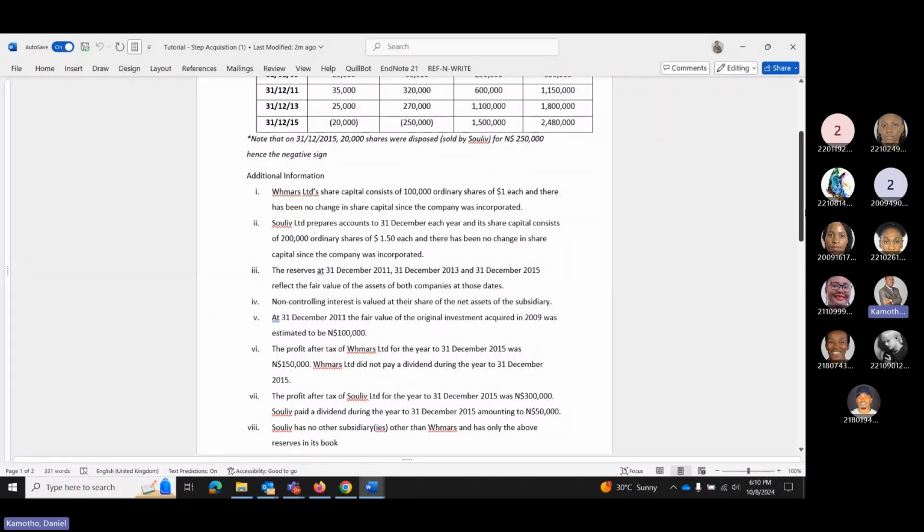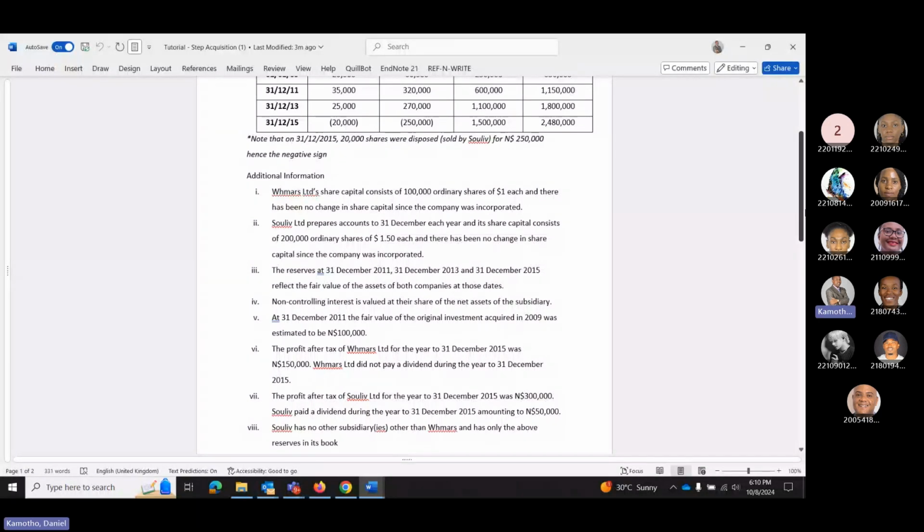Okay, then we have been told non-controlling interest is valued at their share of net assets of the subsidiary. So ideally, they are saying in computing non-controlling interest, they are using the partial method. And the partial method is where we use the proportionate share of the net assets. The advantage of that to the NCI is that whenever profit or loss is made in the group, if there is an impairment of goodwill, that impairment is fully borne by the parent.